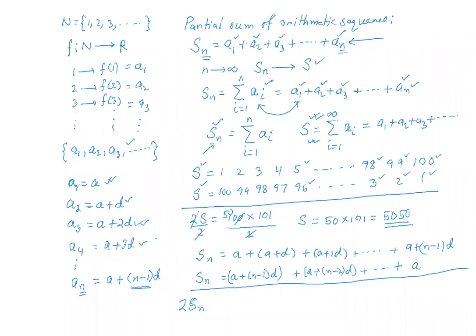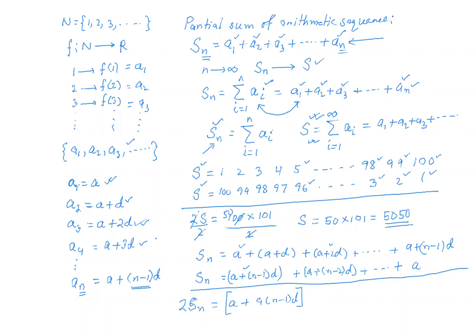Now look, the first term is A plus A plus n minus 1 times D. I'm adding this and this, and I'll put it in square brackets so you can see it.